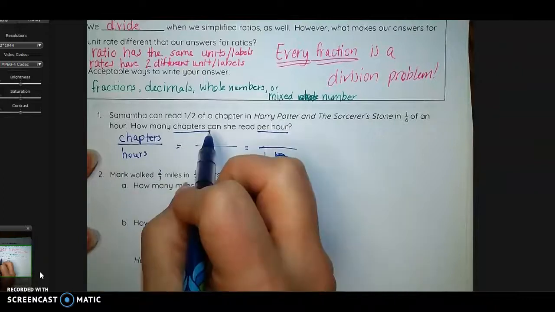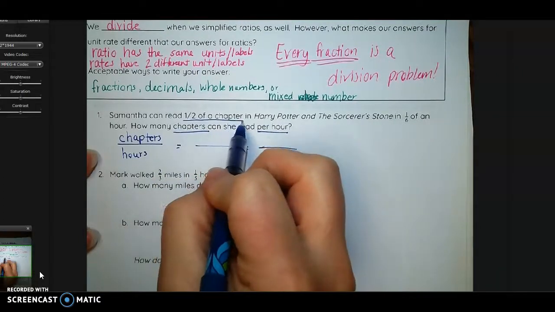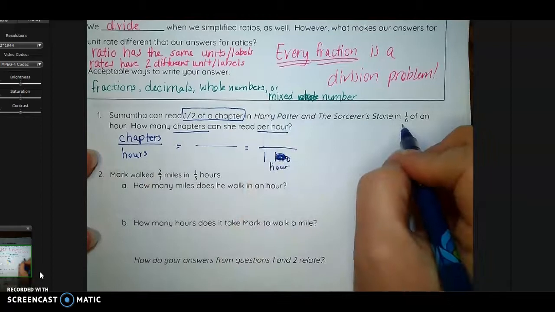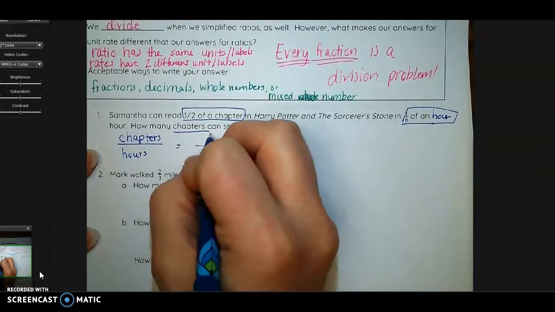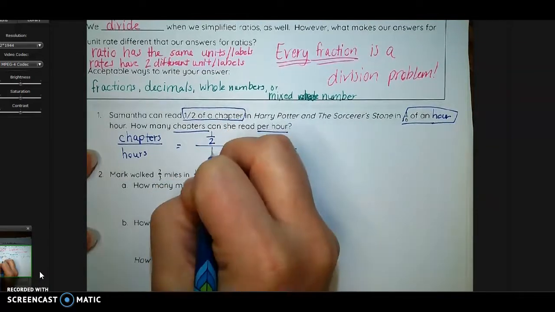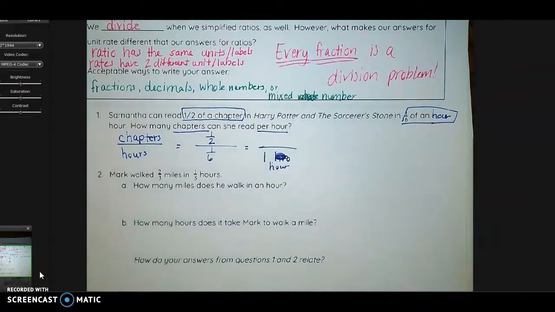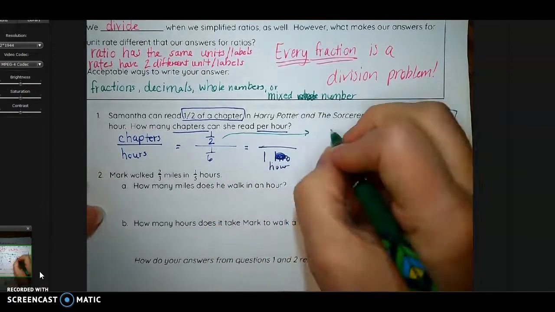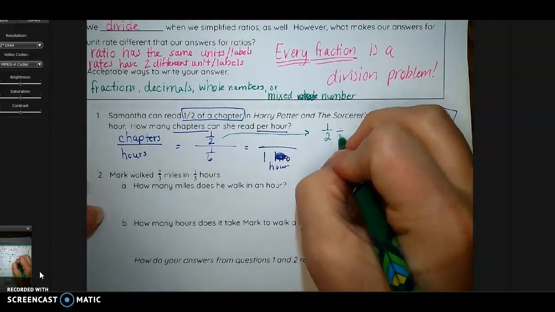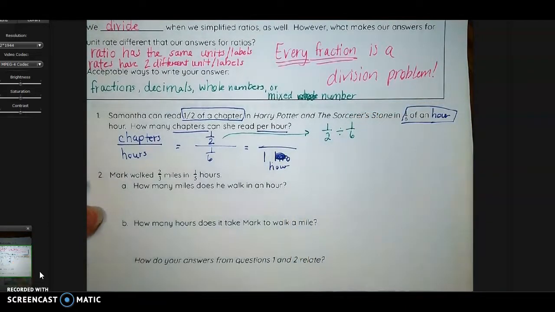So right now it says she can read half of a chapter in 1/6 of an hour. So the 1/2 will go on top, and the 1/6 will go on the bottom. I know sometimes that looks scary at first. It's just a division problem, just a fancy way of writing it. I could have also written it as 1/2 divided by 1/6.